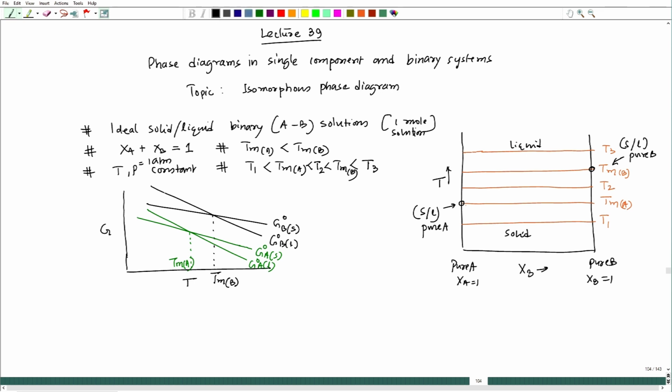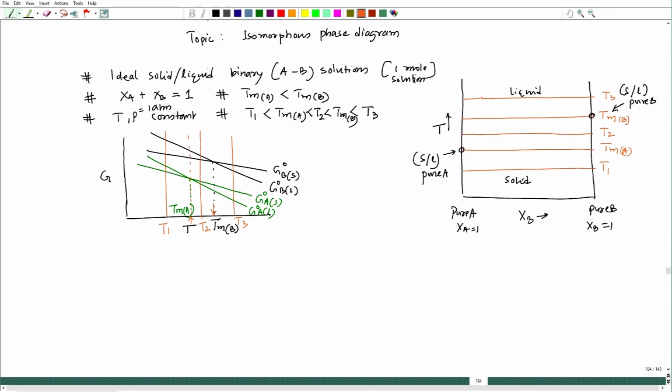And the 4 temperatures are like this. One was here, which is T1, another was at Tm, and we are choosing T2 here, and T3 is the other temperature. So, now our interest is at T2.